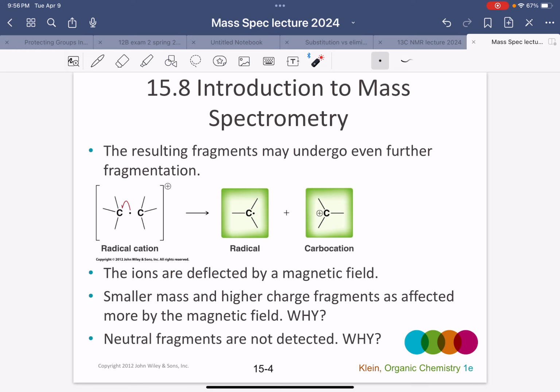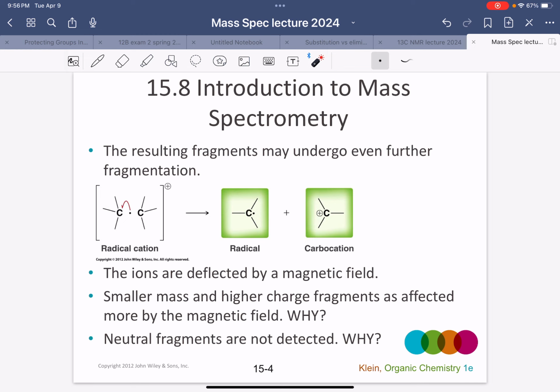Now, all these fragments are sent through a magnetic field, and the ions get deflected by the magnetic field. So smaller mass ions and higher charge fragments, so if you had a 2 plus charge or a 3 plus charge, those would get deflected more by the magnetic field.